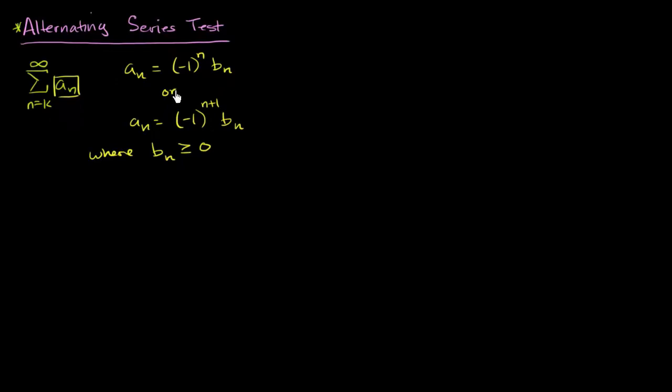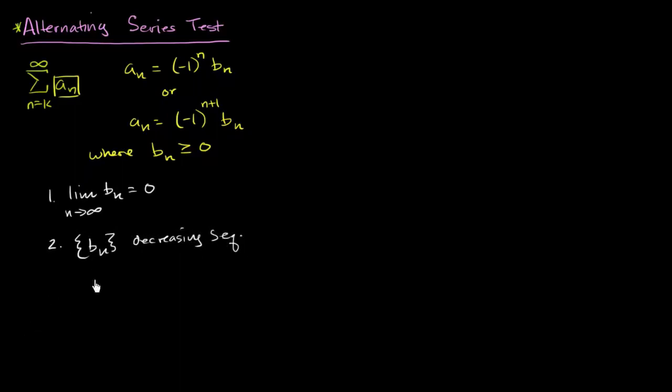So if all of these things are true, and we know two more things, number one, the limit as n approaches infinity of b sub n is equal to 0, and number two, b sub n is a decreasing sequence.